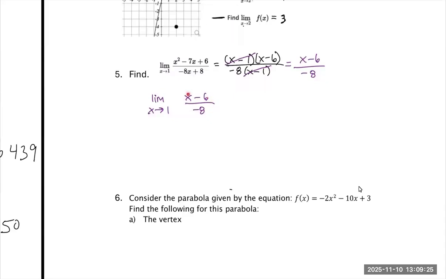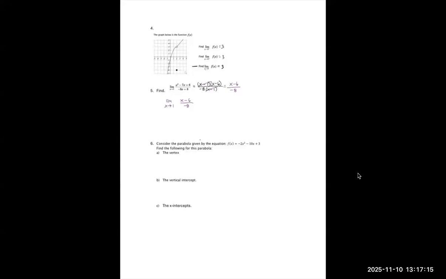Now, if I still had a zero in the bottom even after I simplified, it would mean I have a vertical asymptote at 1. If 1 still made the denominator 0, then we would know there's a vertical asymptote at 1.